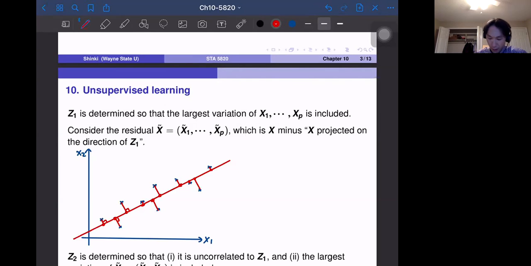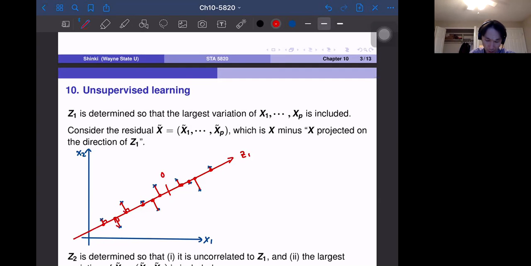So if we project these points, maybe we have some center here. And if we think about the distance, just the coordinate here, then it includes most information. We have some small error, maybe this part and this part, but if we project observations onto this line, then we can retain most information of X1 and X2.